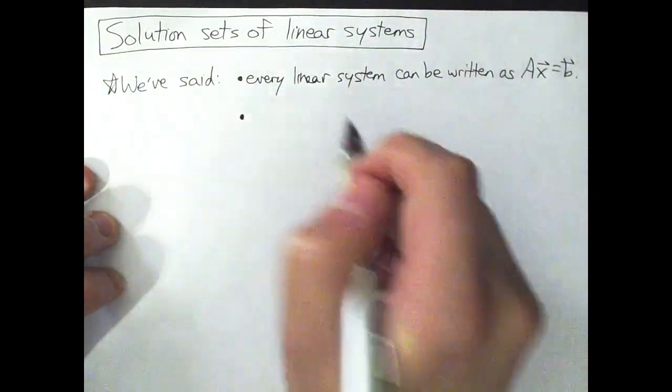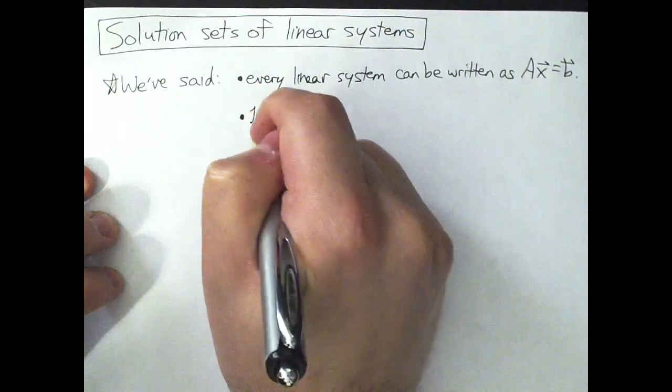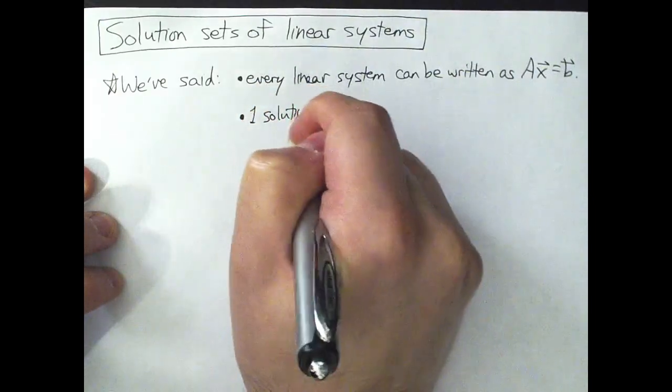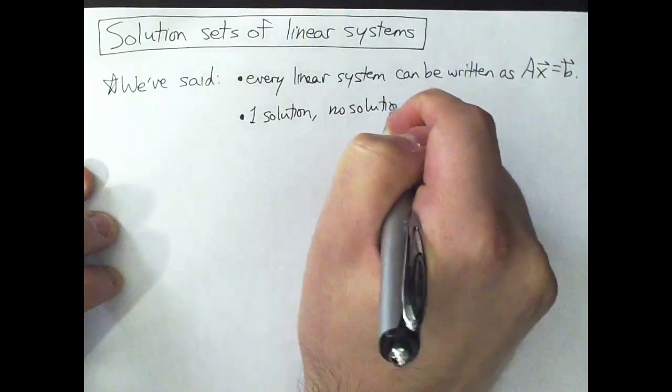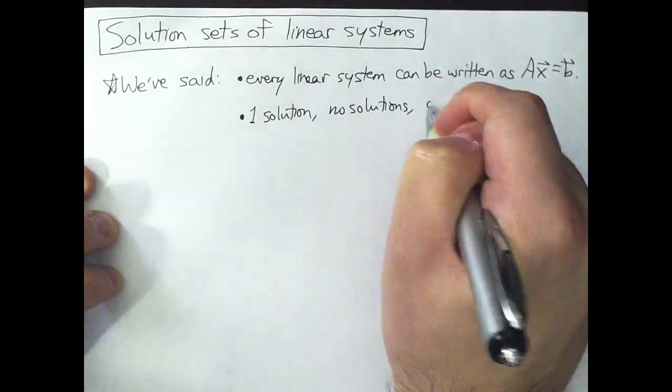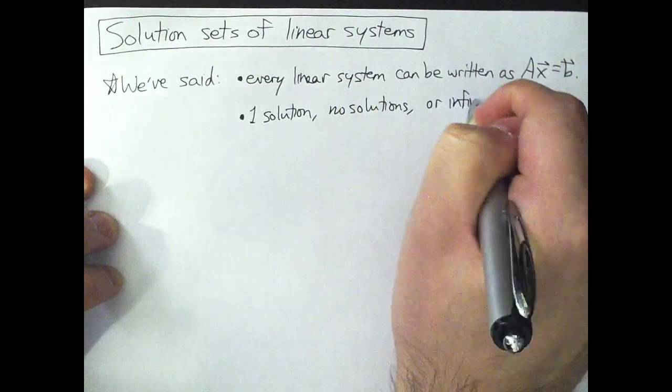We've also said that a linear system is going to have one solution, no solutions, or infinitely many.